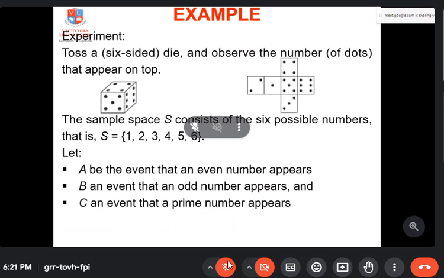Then set C is an event that a prime number will appear. So what do we have in set C? Now here we need to apply some mathematics. Is 1 a prime number?